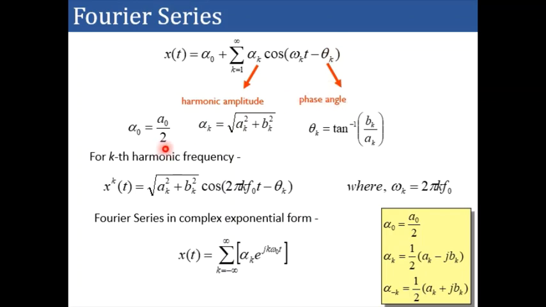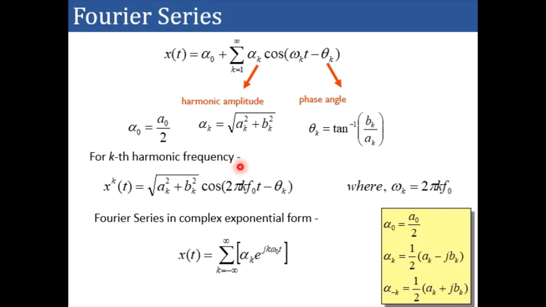So theta_k is tan inverse of b_k upon a_k, alpha_k is the root of (a_k squared plus b_k squared), and alpha0 is a0/2.